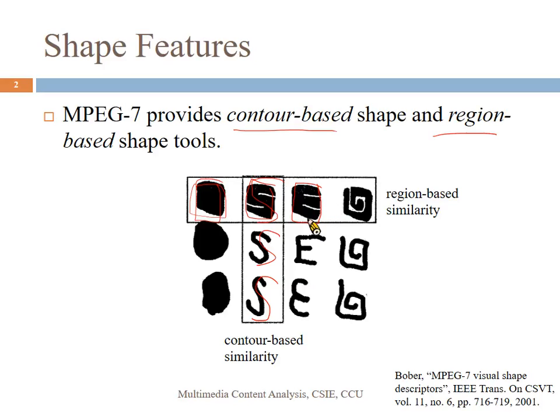So if we describe objects based on the region-based shape feature, these four objects would be similar. There is no ground truth or absolute correct answer for the correct way to describe an object's shape. That totally depends on the application you need to do.